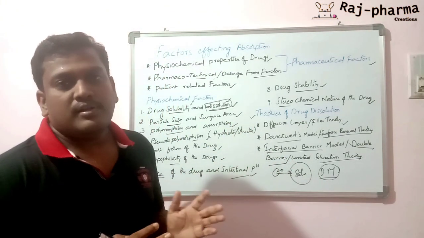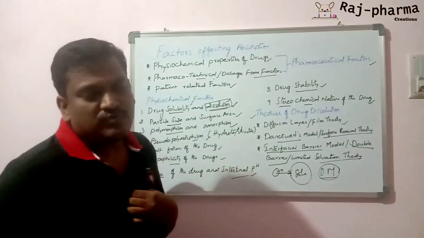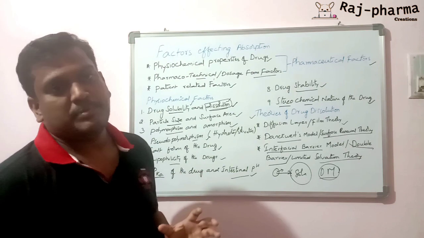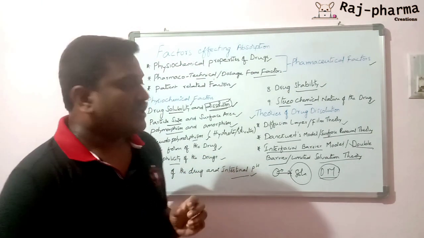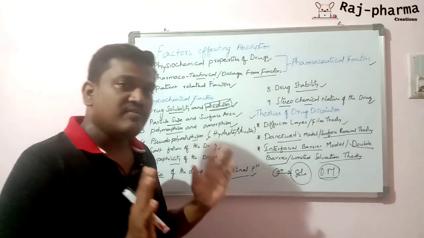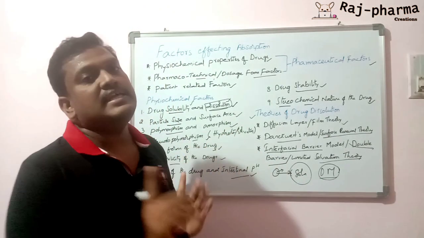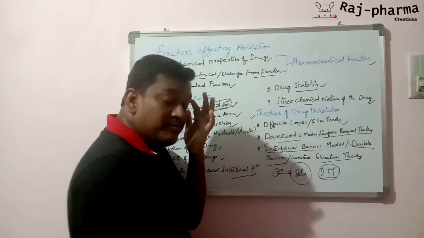People may confuse between these three, so simply understand the concept behind them. Before going into each, I will tell you the difference between these three theories, which is very important. If you know the difference, you can easily remember.